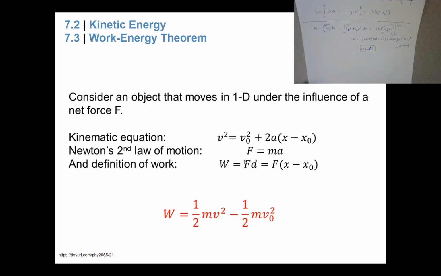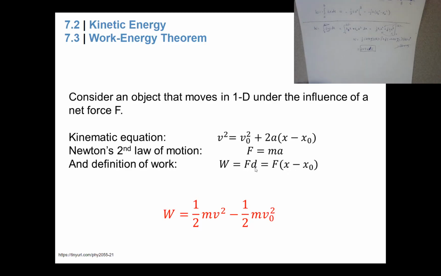If this is a constant acceleration, that means net force is constant. So it will be F times d, because this is one-dimensional motion right now, so F and d are in the same direction. Under the influence of F, the object moves in the same direction. So the distance traveled should be final x minus initial x.